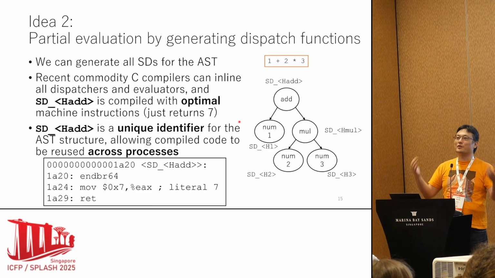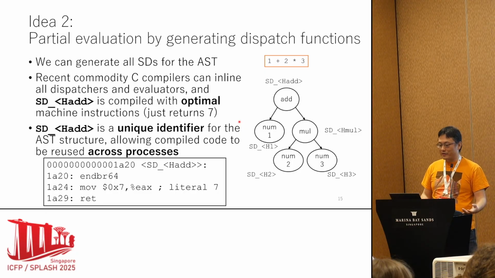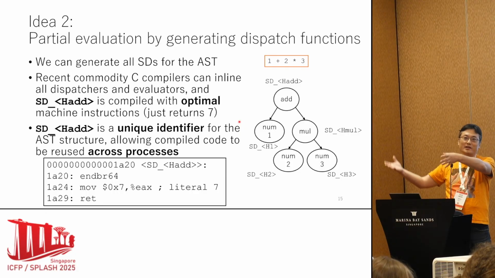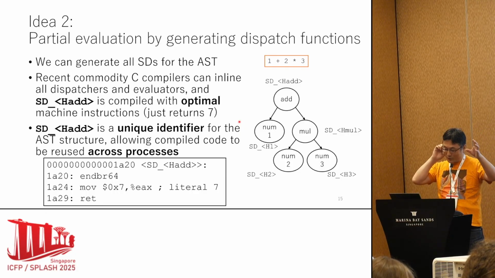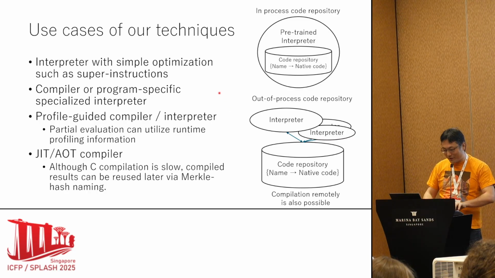So this is what our specializer does, and we can get the compiled code for the AST, and we can get a name for that. So okay.